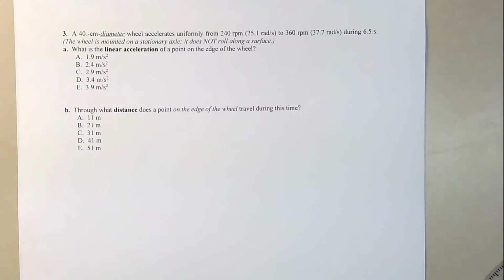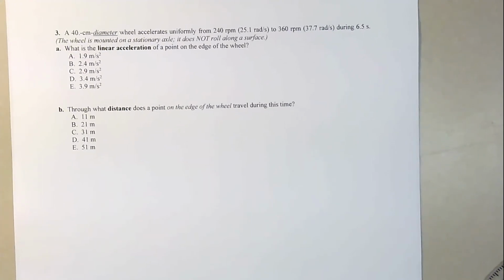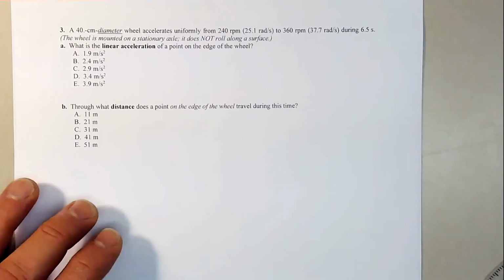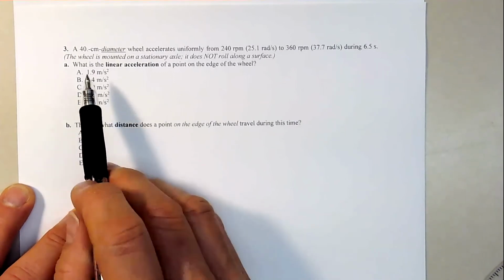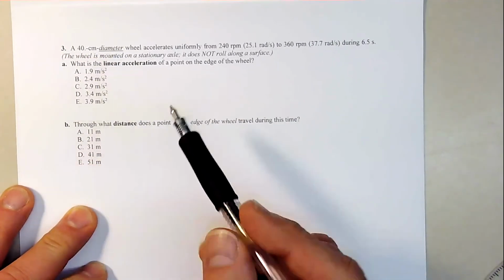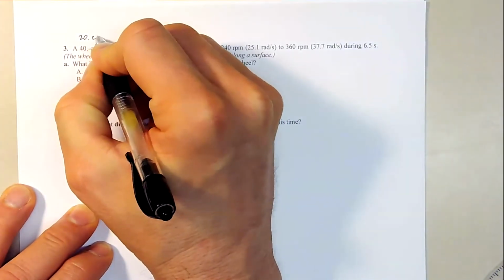So I don't want to try and trip up any students on purpose like that. However, I do want to warn you, our textbook loves to give diameter values instead of radius values. So you have to just read every problem carefully and remember to cut it in half when necessary. Okay, so this is a 20 centimeter radius wheel, just to be clear.